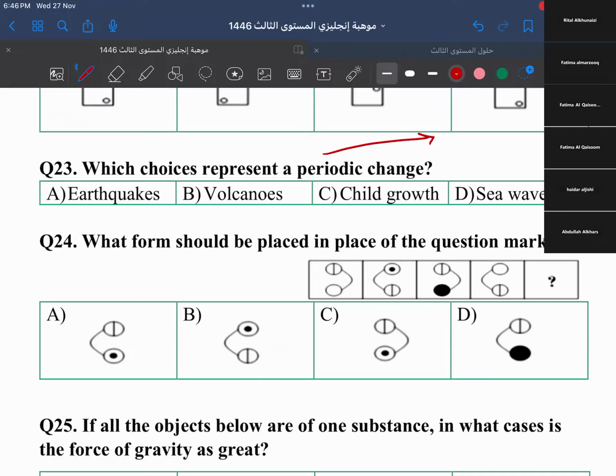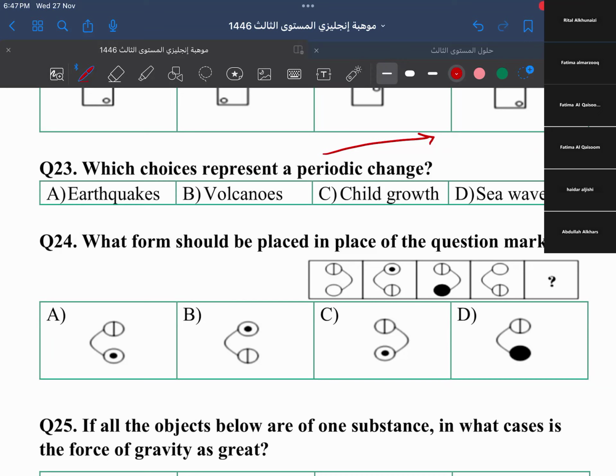Okay, so what do you think? Another answer: periodic change means that it's between two points, moving from one to another, like this. Would it be volcanoes, because a volcano keeps erupting magma, and then the magma comes back to it, and then it does it again?